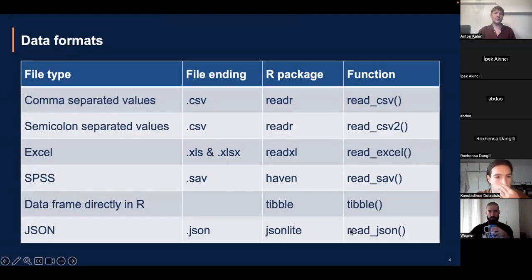Today then, we will look at these different ways of getting data into R. We will repeat a little bit about comma-separated values, the ones that are called CSV files, and we've already used the readr package to read them.